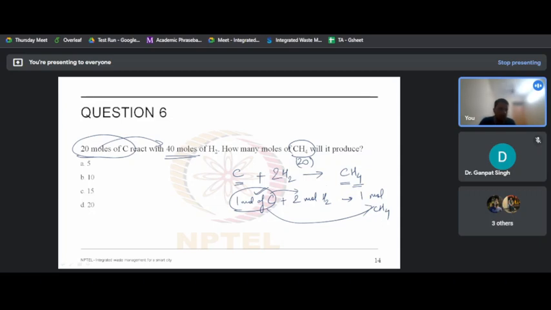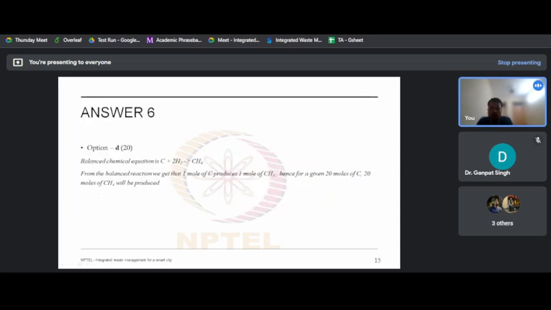So 20 moles of carbon will form 20 moles of methane. So the answer is option B. Moving on to the solution. The balanced chemical equation is C plus 2H2 gives methane CH4. So 1 mole of carbon will produce 1 mole of methane. So for 20 moles of carbon, 20 moles of methane will be produced.